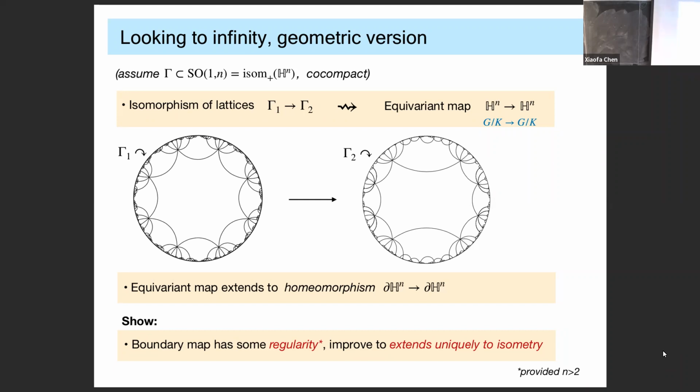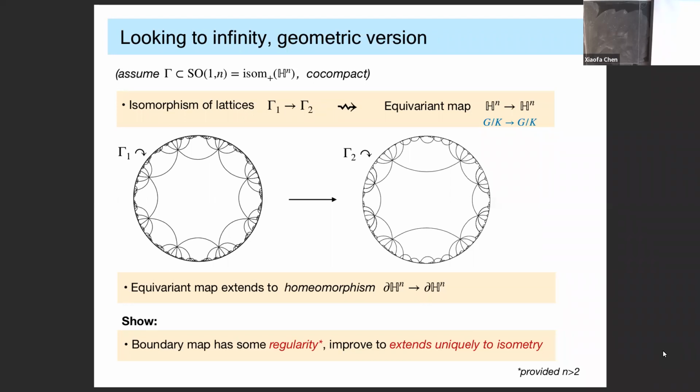My goal here is really to just present to you the outline, nothing of the details. So here's the outline. If I happen to have an isomorphism of lattices, I'm thinking of Gamma 1 as my usual inclusion and Gamma 2 as a small perturbation. But in fact, in the end, you can do much more.